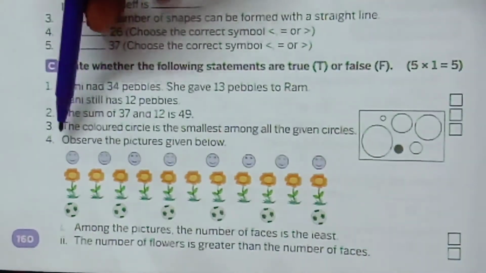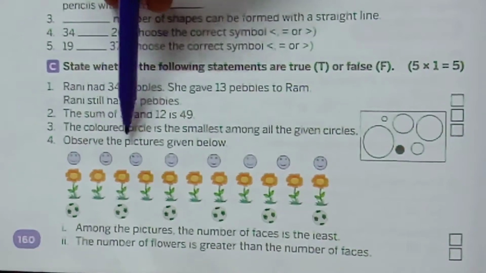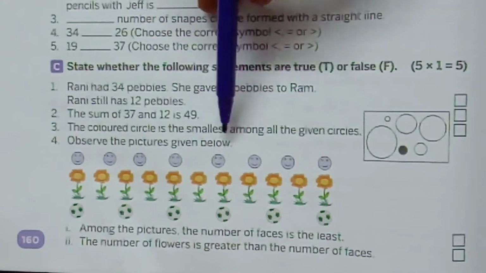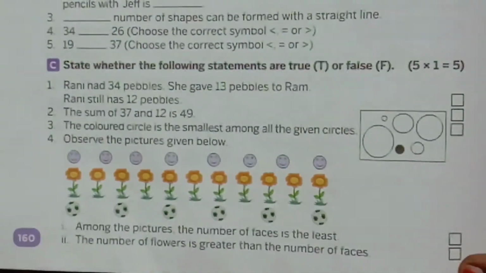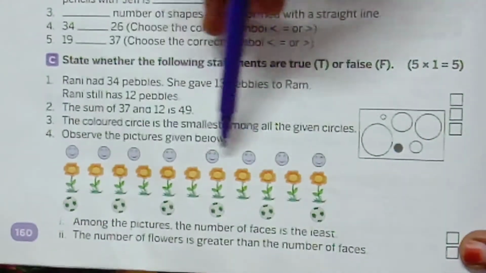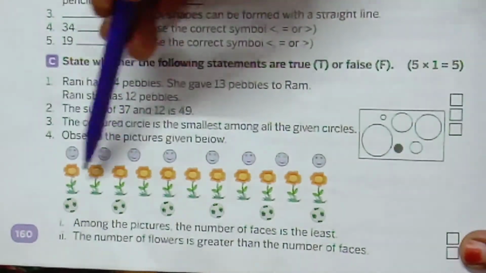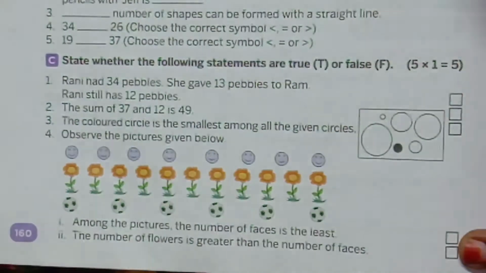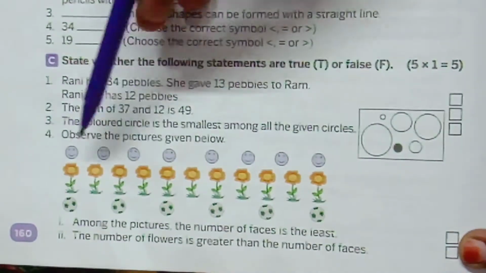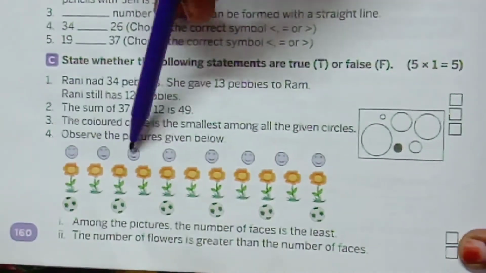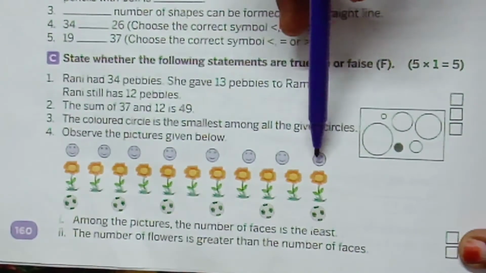Right? Now see here, fourth one. Observe the pictures given below. What are there in the picture? Smiley faces, flowers and balls. Right? See how many smiles are there? 1, 2, 3, 4, 5, 6, 7, 8. 8 smiles are there.